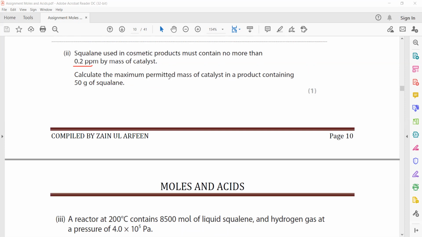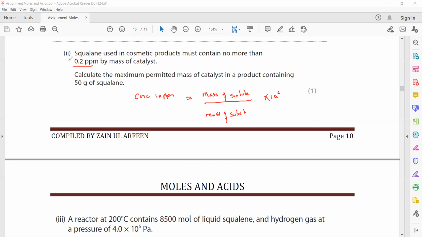So we have the formula that concentration in ppm is mass of solute divided by total mass of substance into 1 million. That's the formula to get the concentration.